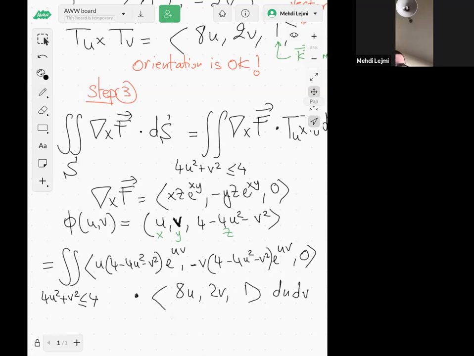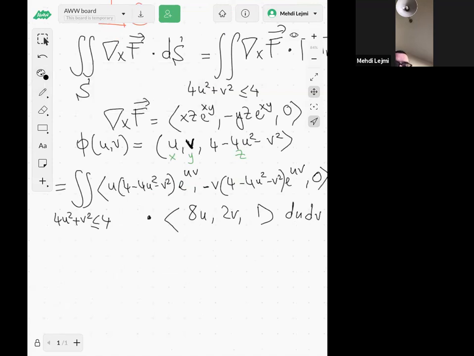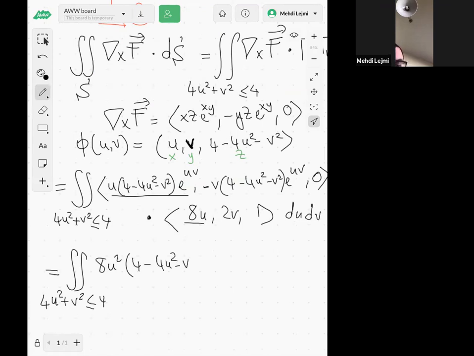Okay, so this is going to be very horrible actually, and very complicated. That's the point of this exercise. This thing here is going to be very complicated to integrate. You have this thing here times the 8u, so it's like 8u squared times (4 minus 4u squared minus v squared) e to the uv, minus 2v squared times (4 minus 4u squared minus v squared) e to the uv, plus 1 times 0 is just 0, du dv.